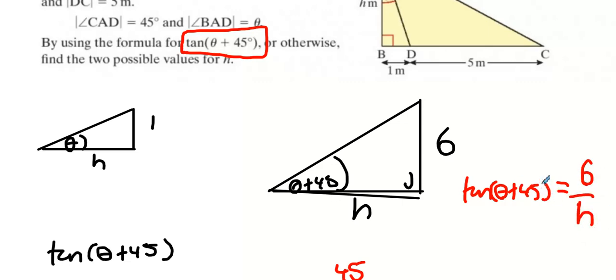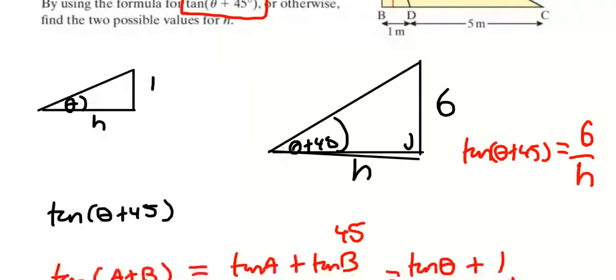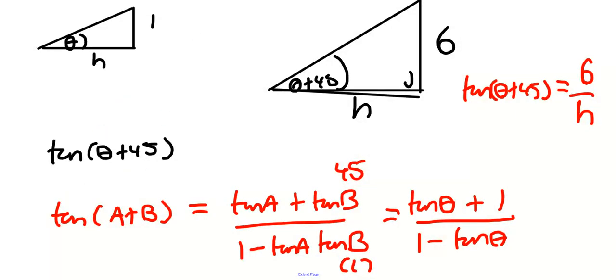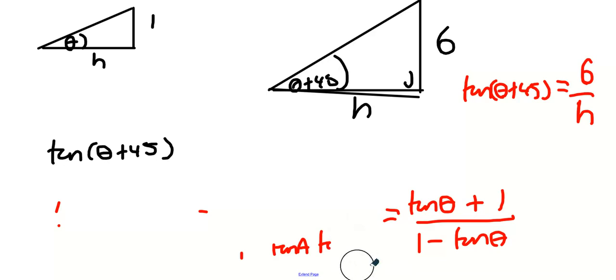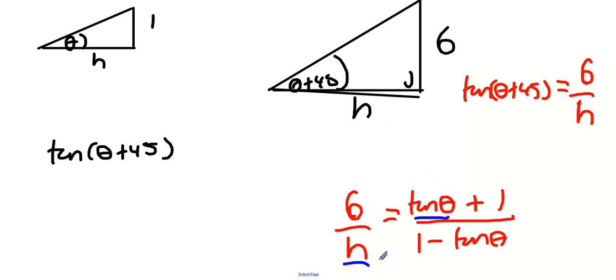See that? So what am I going to replace? What I can do there is say that all of this equals 6 over h. How many variables do I have in this formula? 2 things I don't know. I don't know tan theta and I don't know h.